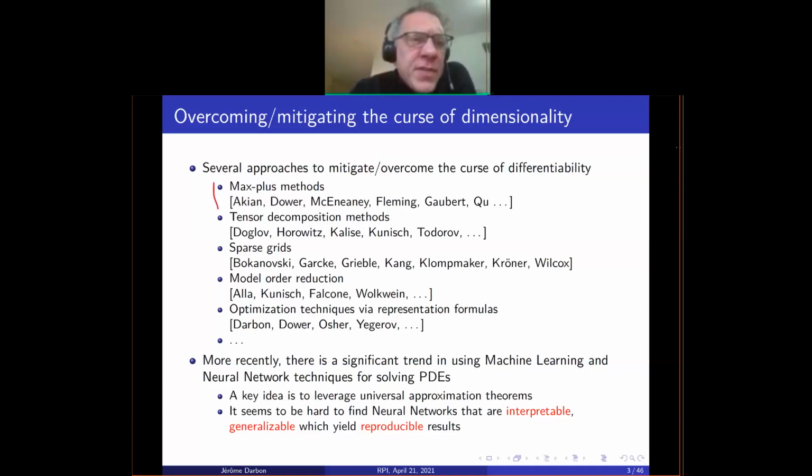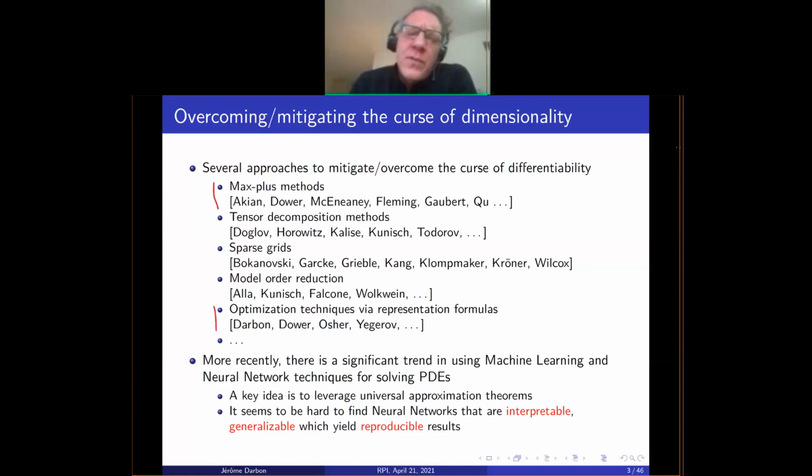A few years ago, with Stan Osher, we developed optimization schemes to compute solutions to certain of these Hamilton-Jacobi PDEs. Recently, one of the new trends to solve those PDEs in high dimension relies on machine learning and neural techniques.